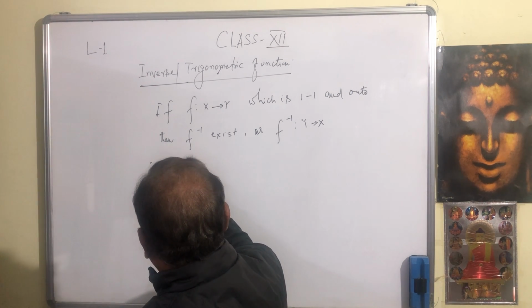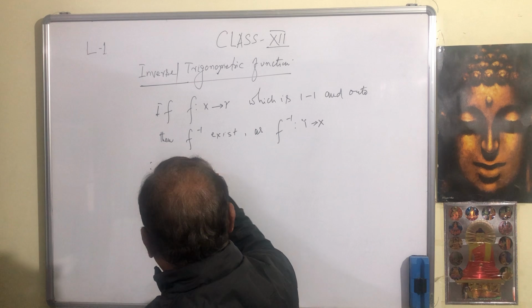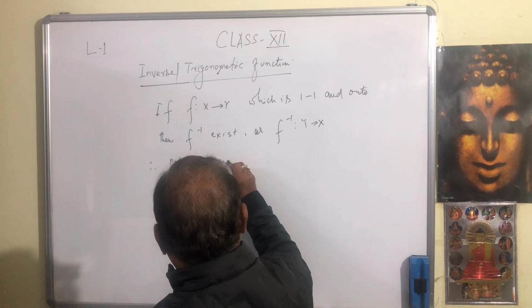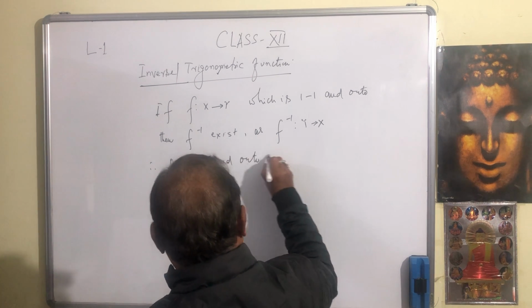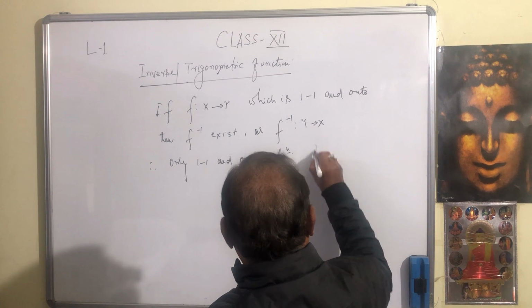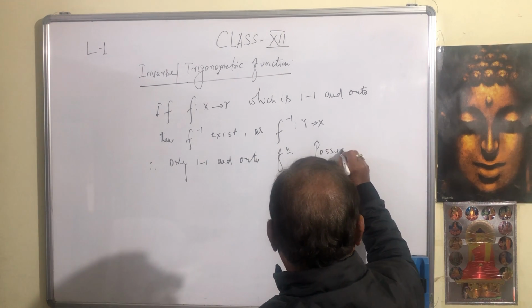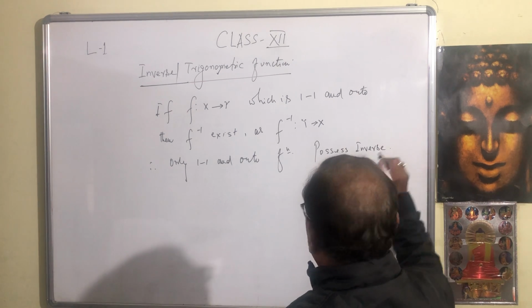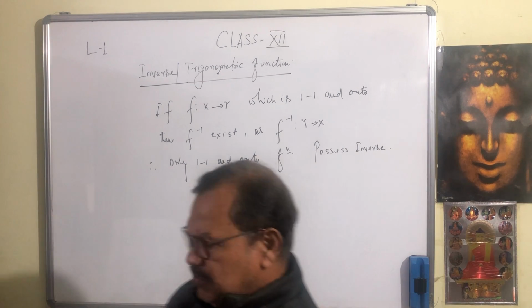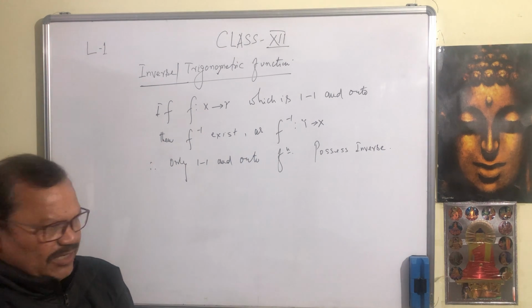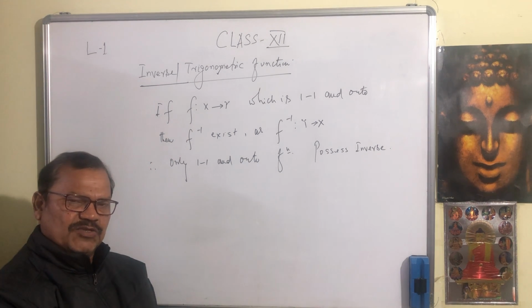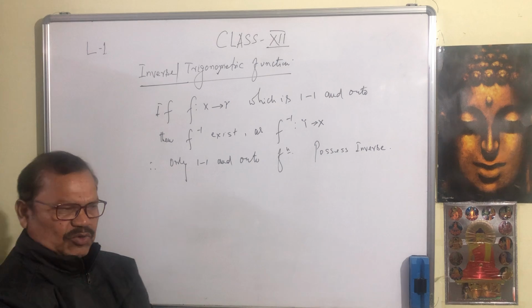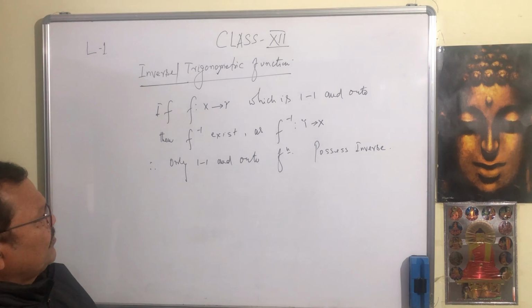Therefore, only a 1-1 and onto function possesses inverse. This is the prime, essential condition for the existence of inverse. So this is all about inverse.